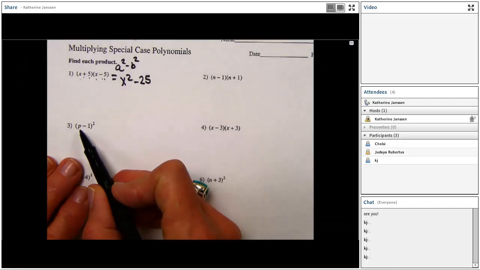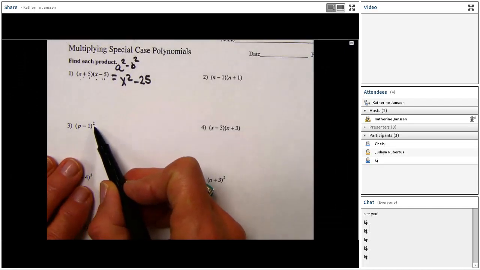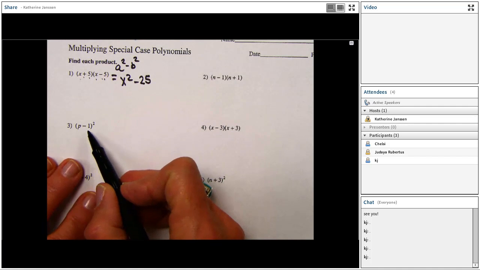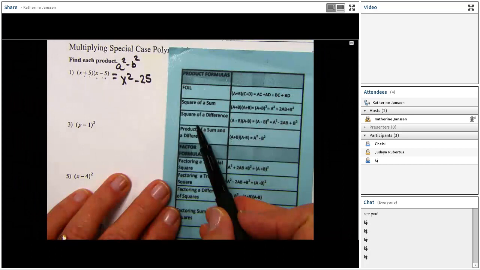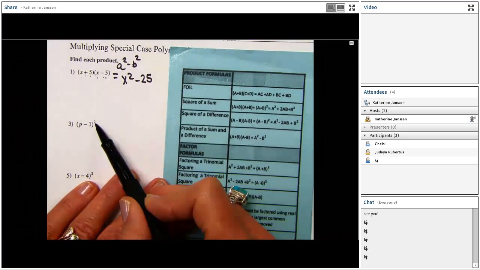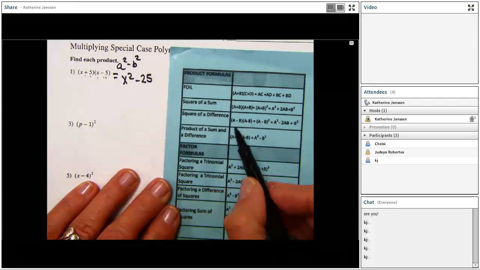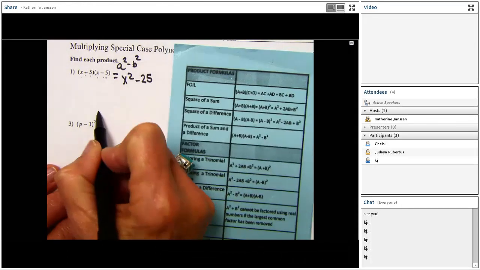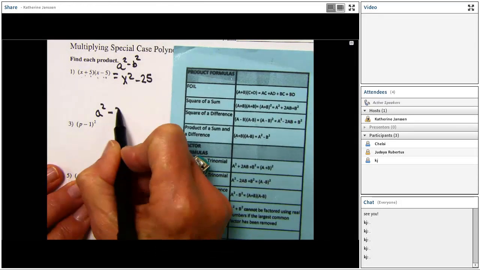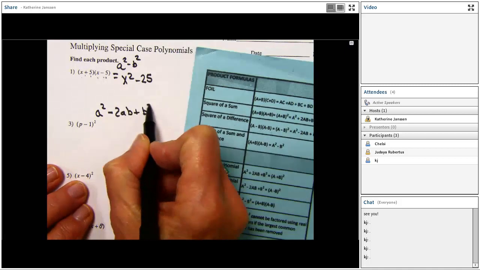We have the quantity p minus 1 squared. Well, that's a binomial times itself twice. So I'm going to get out my blue card, and I have a square of a difference, and my pattern is a squared minus 2ab plus b squared.